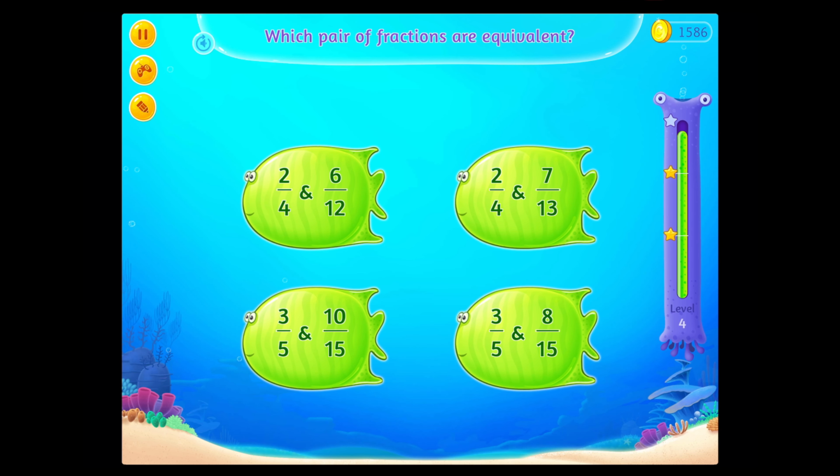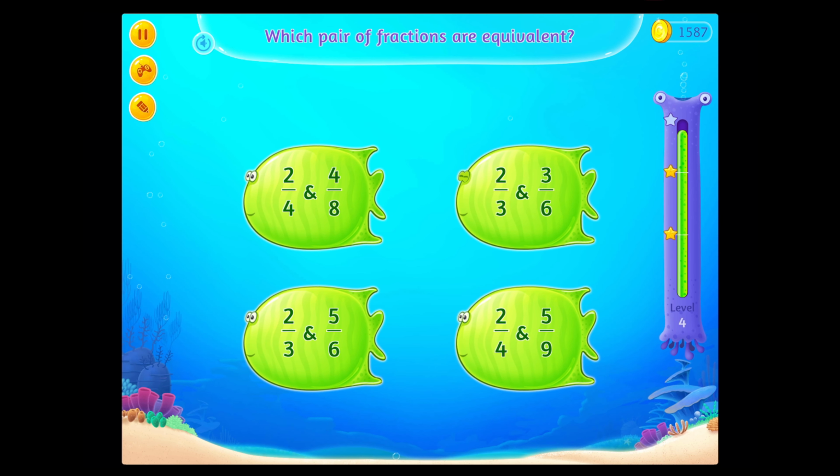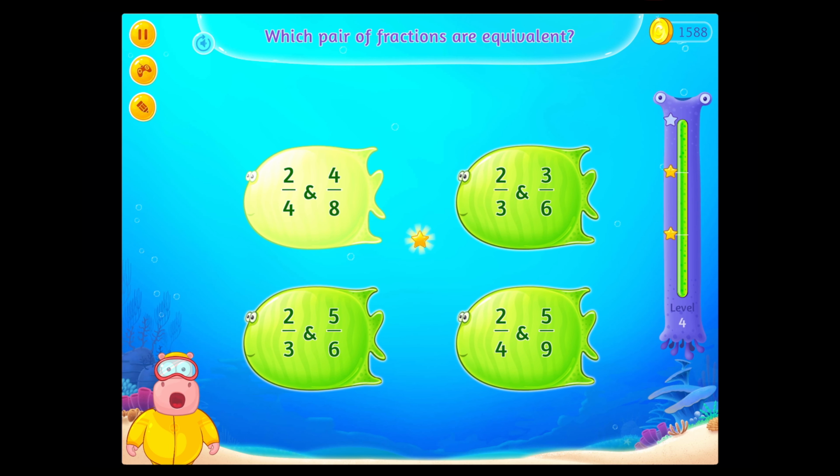Which pair of fractions are equivalent? On a roll! Which pair of fractions are equivalent? Congratulations!